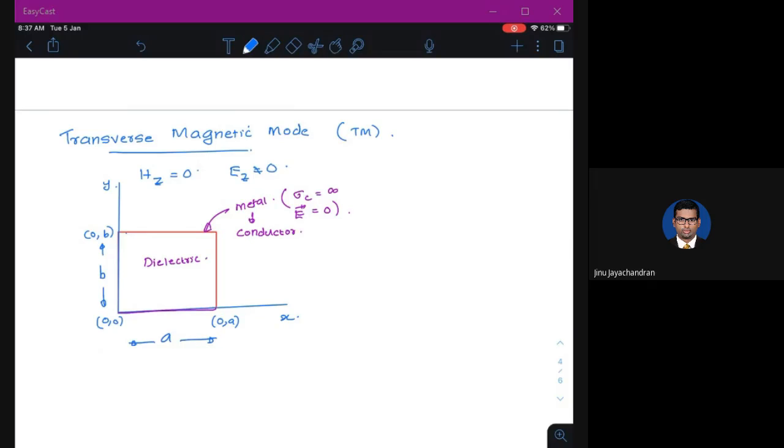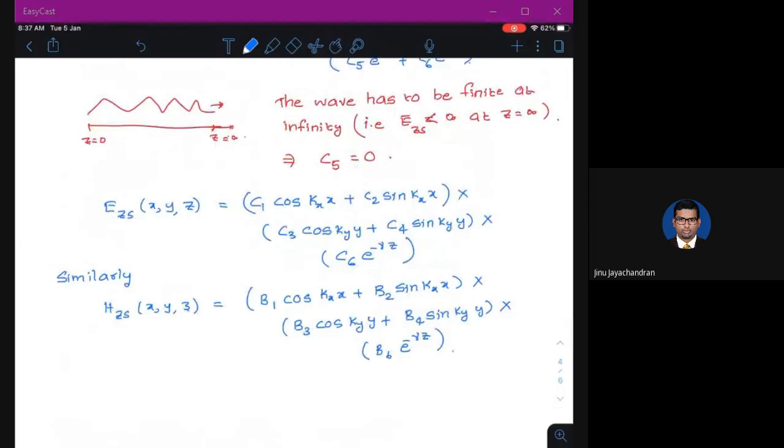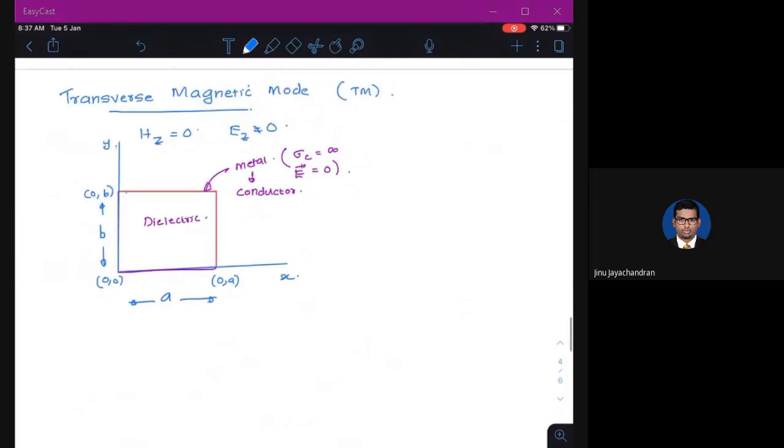So at this boundary of metal and dielectric, the electric field is 0. That is a very important point, because we are making use of that boundary condition to find the exact solution for our EZS and HZS. Okay, so let us start.